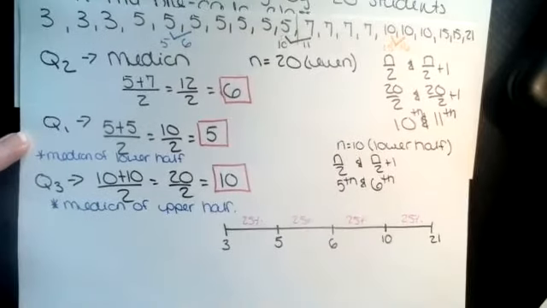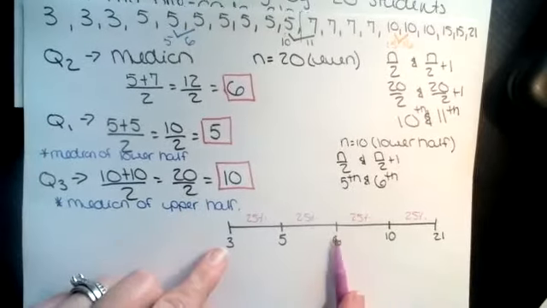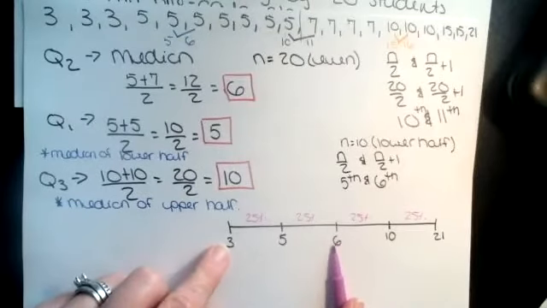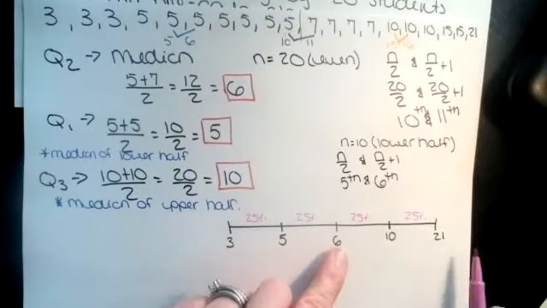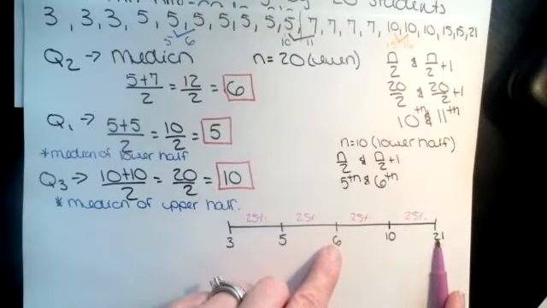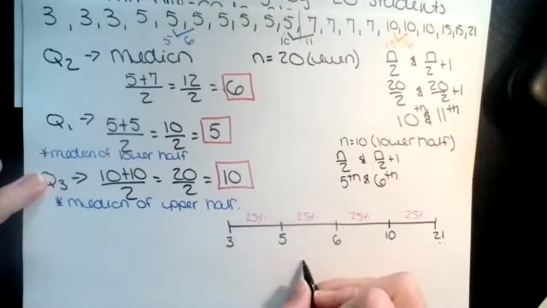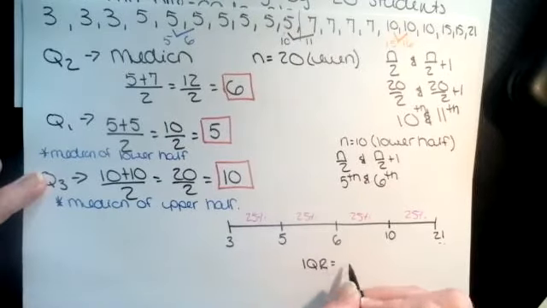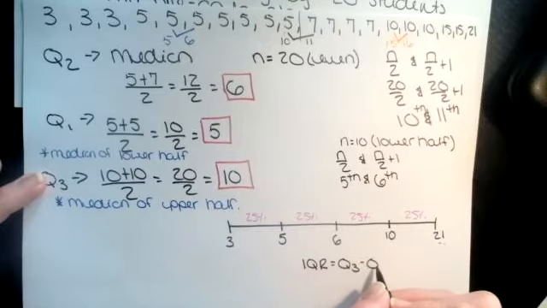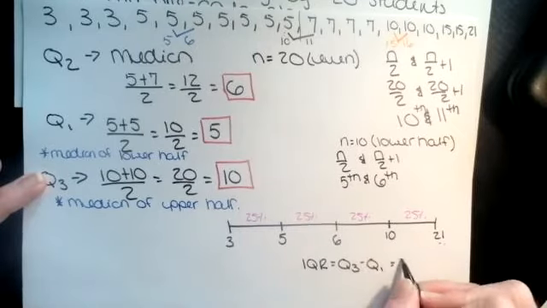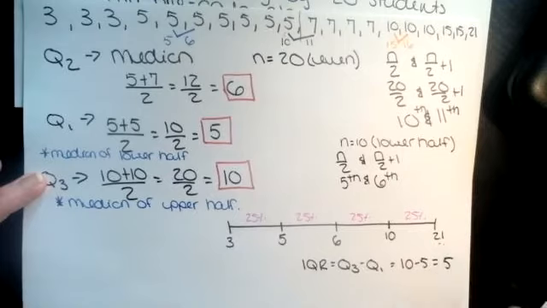And then you can kind of see, okay, the lower half, right? People spent between 3 and 6, and the upper half between 6 and 21. I mean, there's a lot bigger range here than there is here. And then my interquartile range, just for fun, we'll look at the IQR, which is quartile 3 minus quartile 1, which is 10 minus 5 is 5.